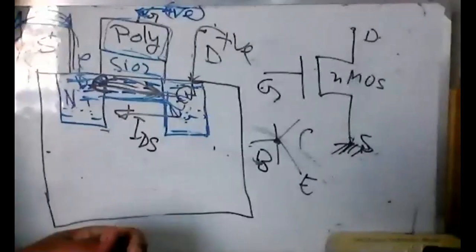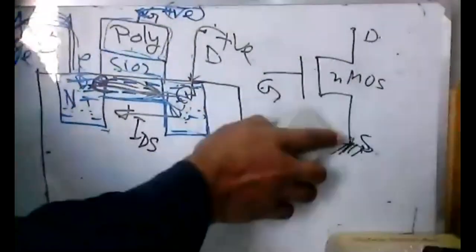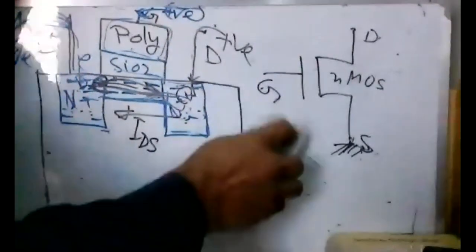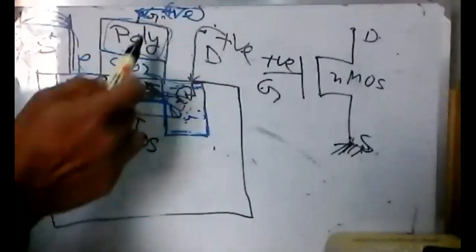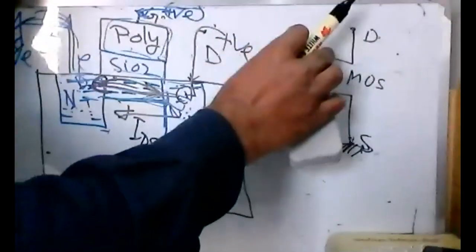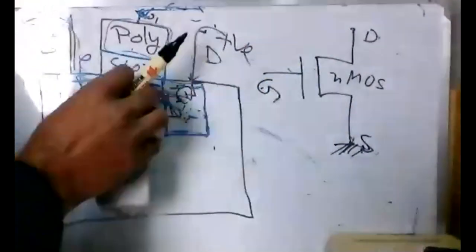Now the question is, if we put a positive voltage, what happens? We have seen that if we put a positive voltage here, a channel is there. But if we do not put a positive voltage, there is no channel, right?